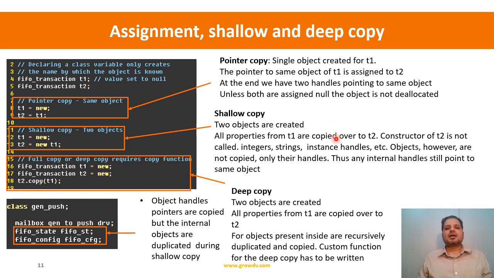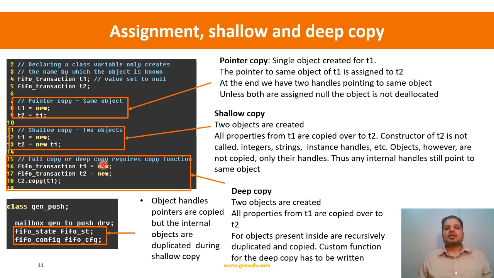Then there is a concept of a shallow copy. If I want to really make a copy while I do the assignments, how does it work? I am saying T1 equal to new and T2 equal to new of T1. When I do this, the constructor will not be called for T2.